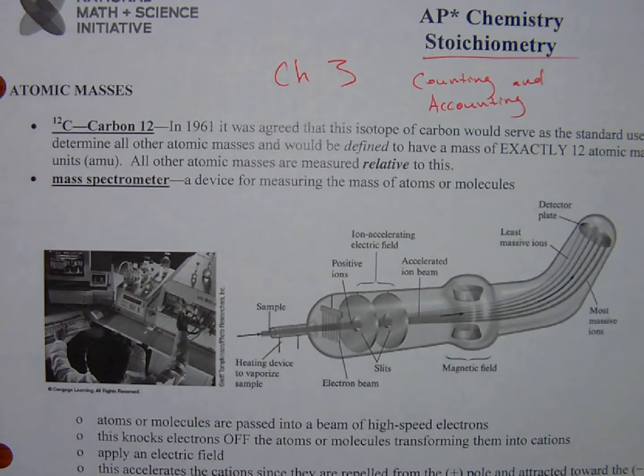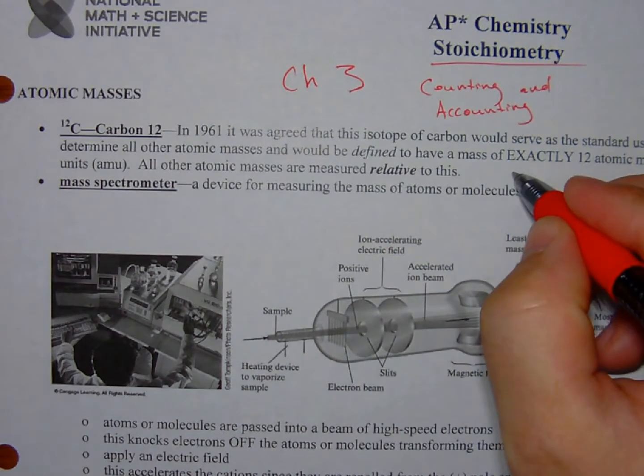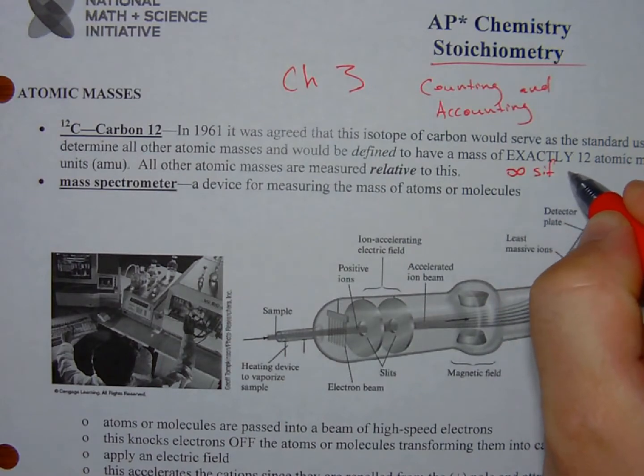Atomic masses. So you've heard of carbon-12. In 1961, it was agreed that this isotope of carbon, being carbon-12, as opposed to carbon-13 or carbon-14, would serve as the standard used to determine all other atomic masses and would be defined to have exactly, remember, infinite sig figs.